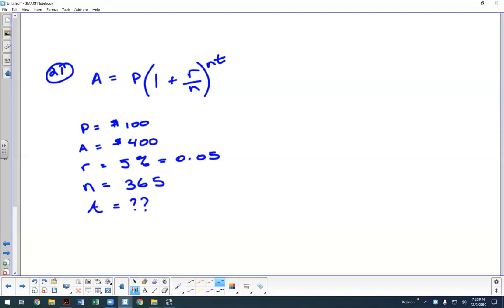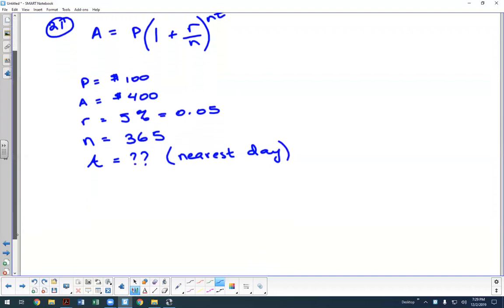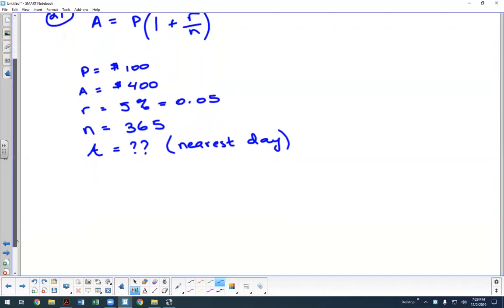And time is what we're trying to calculate. And remember, they're asking us to round this to the nearest day, which makes sense because if you're compounding on a daily calculation, then of course we need to know exactly how many days it's going to take for the money to grow from $100 to $400.